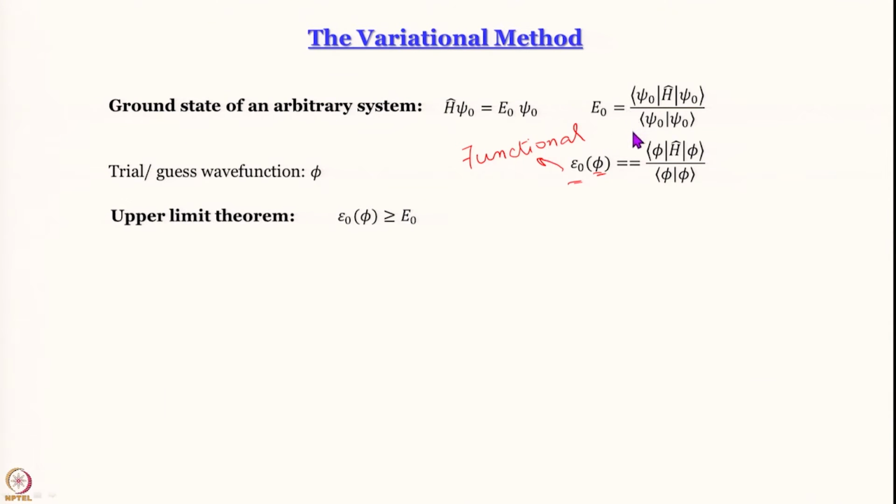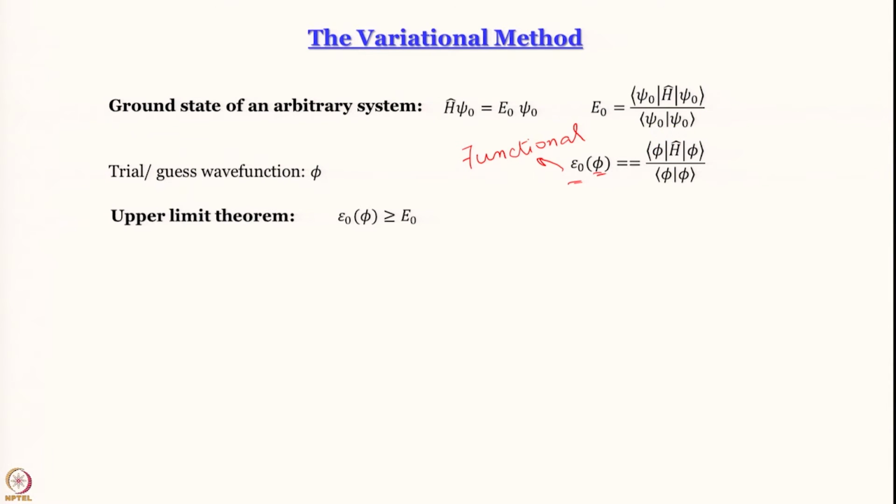But energy should be measurable. I do an experiment, I should be able to find energy. So, that energy is related to the wave function like this. It is the expectation value of the energy: integral psi 0 star H psi 0 divided by integral psi 0 star psi 0 d tau.